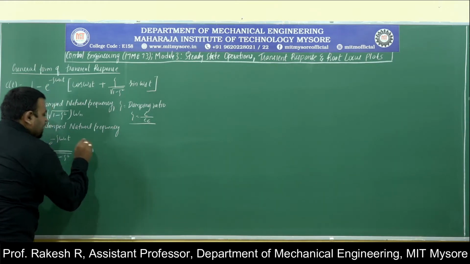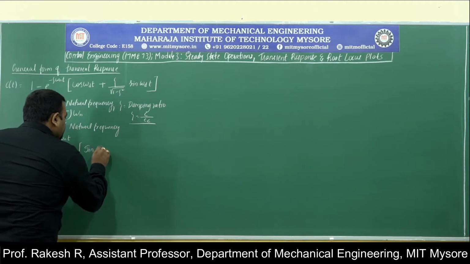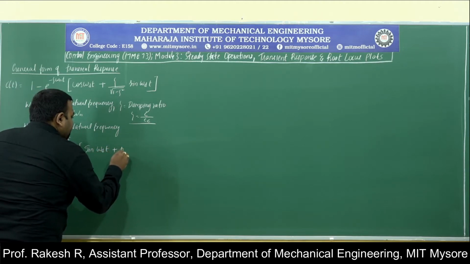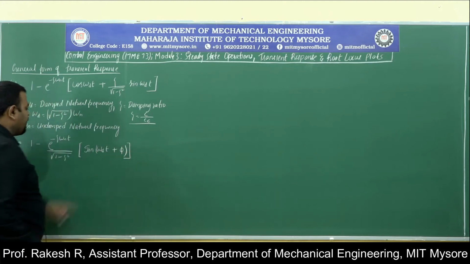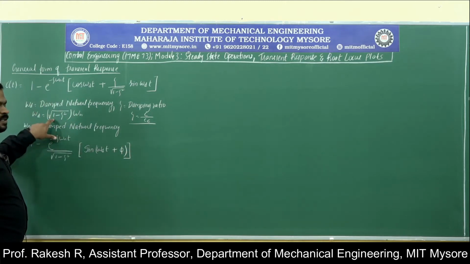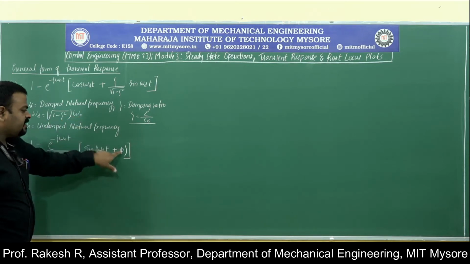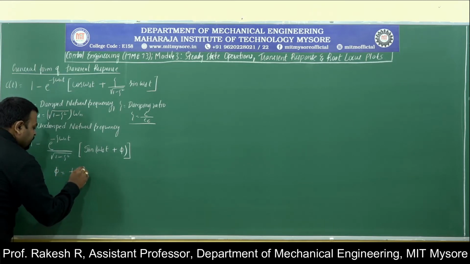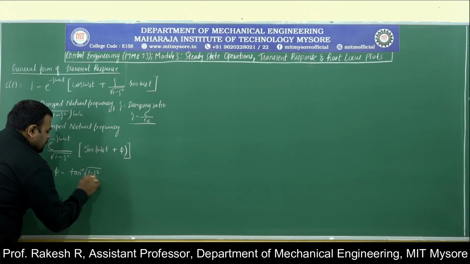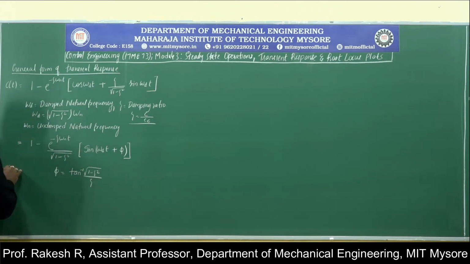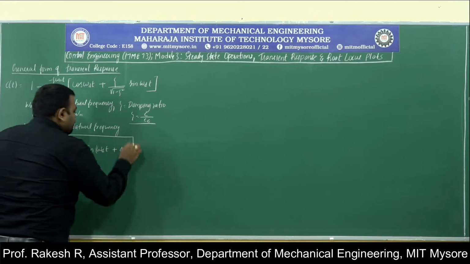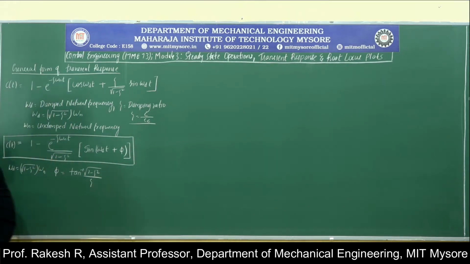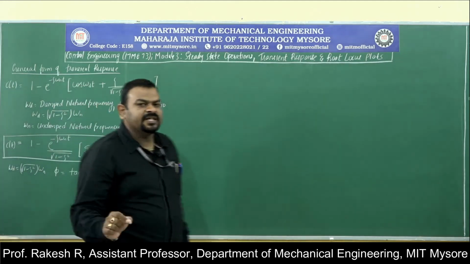So this will be written as sine of omega d t plus phi, where omega d is square root of 1 minus zeta square into omega n, and phi is a phase angle given by tan inverse of square root of 1 minus zeta square divided by zeta. This is the standard form of the transient response equation for the underdamped system with unit step input.